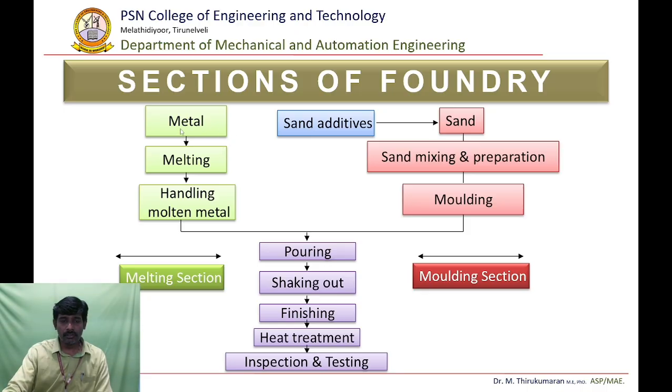In the metal foundry, the raw metal is melted, then the molten metal is handled and poured, then shaking out to remove voids, then finishing, then heat treatment to enhance the strength of the material, and finally inspection. In the sand method, the raw sand is mixed and prepared to fill the mold, then the molten material is poured, then shaking out, finishing, heat treatment and inspection.